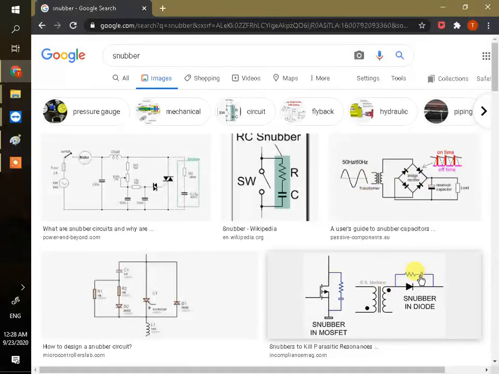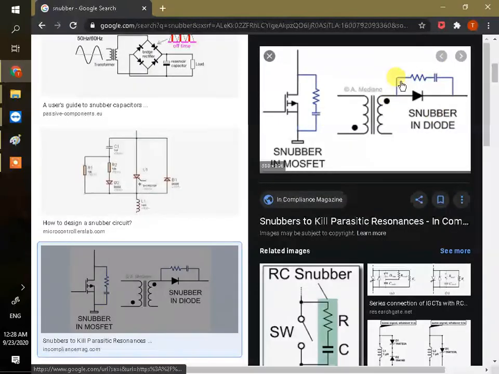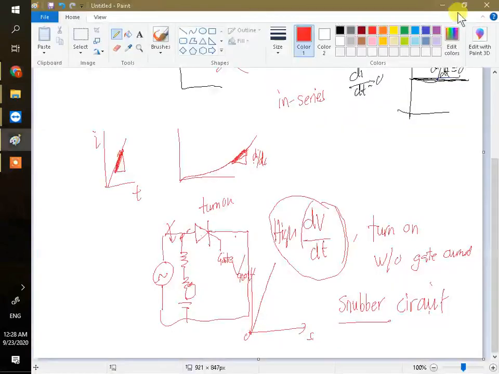Snubber diode. So what you do is you take one resistor, about 10K, and then use one capacitor here. You put it in parallel to the anode and cathode, so that this resistor will charge up the capacitor slowly.